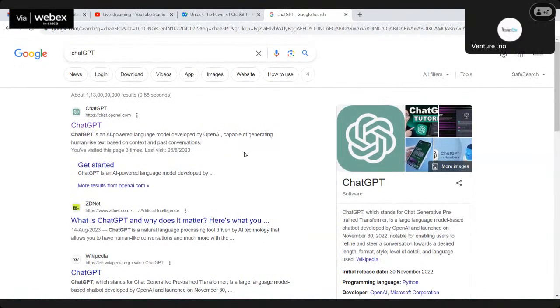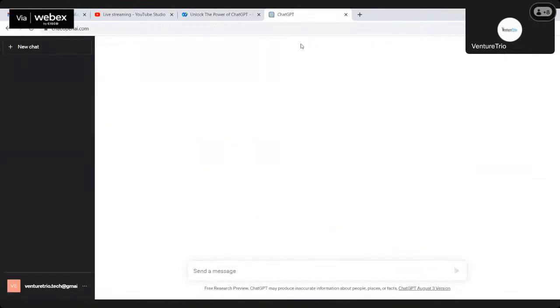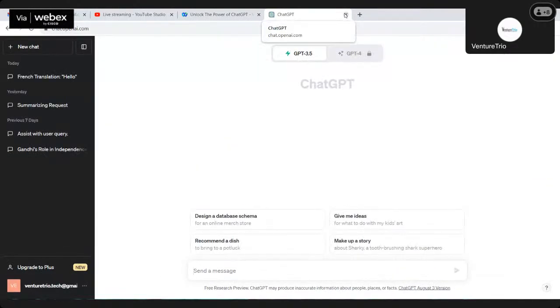So after searching ChatGPT, this will open chat.openai.com. You can click on that. Otherwise, it's already logged in.